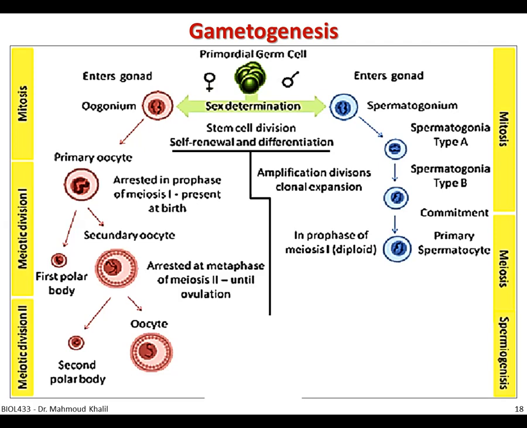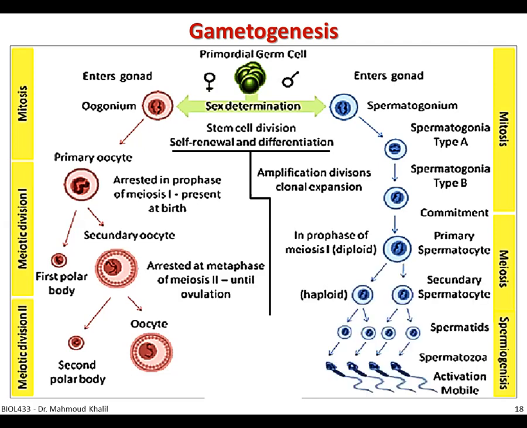In this case, it's diploid, having the double set of chromosomes. Upon meiosis, it is differentiated to a secondary spermatocyte in which there is an equal division and a reduction division of the amount of the genetic material. So each secondary spermatocyte has half the DNA content.